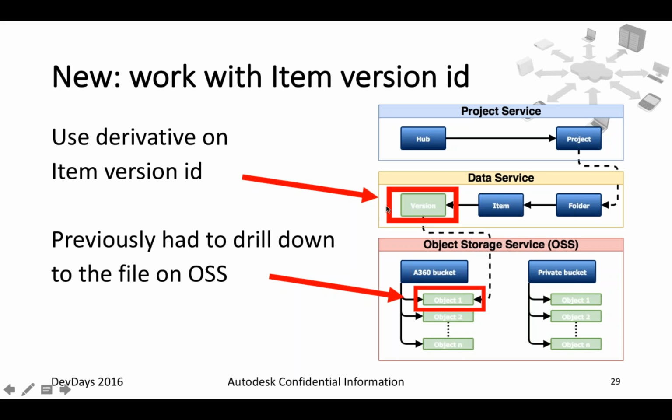So if you simply want to load the user file in the viewer, then you don't have to access the data which is stored in the OSS. You can directly access the version and load that inside the viewer. Now, if you want to do some other operation like exporting the file to OBJ or to another format, then you still need to access the data which is stored on the OSS.